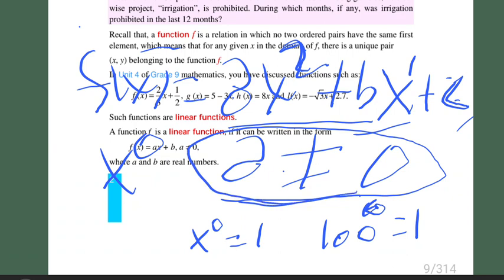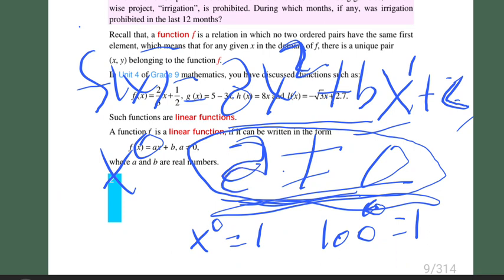Because it is a polynomial function, its degree is 2, a degree 2 polynomial function, the quadratic function. We have to restrict a, because 0 times any number is 0.